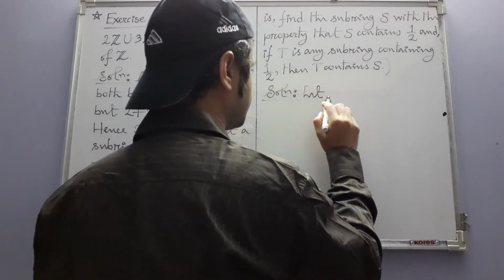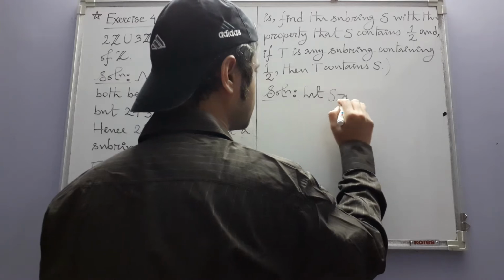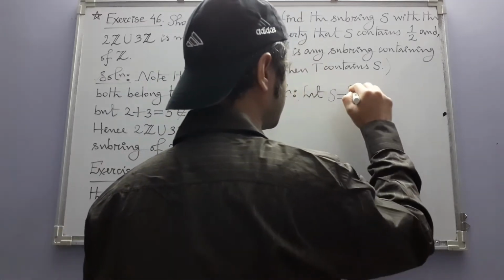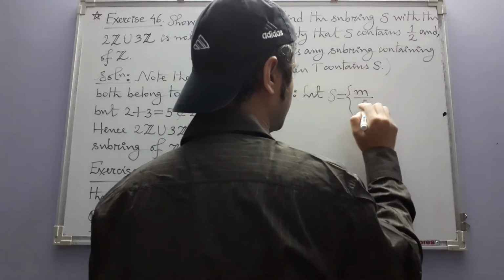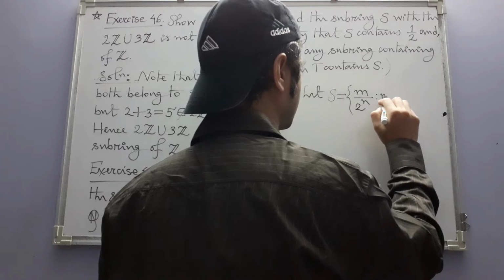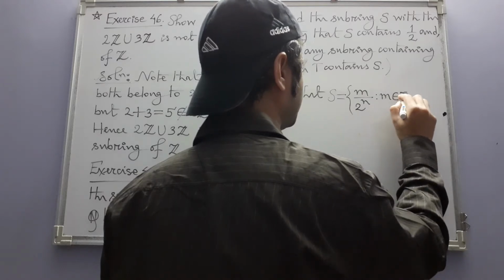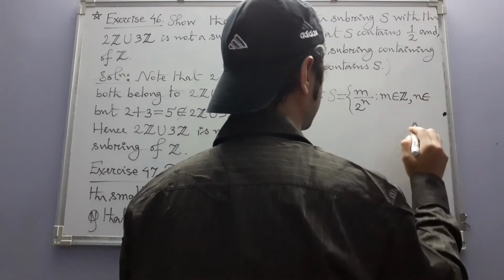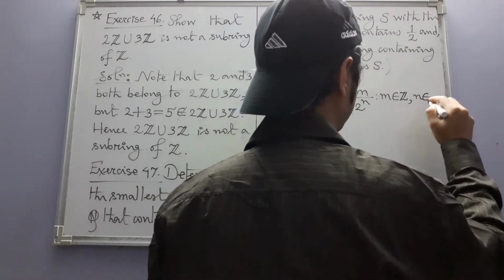Let S be the set of all rational numbers which look like this: m divided by 2 to the power n, where m is any integer and n is a positive integer.